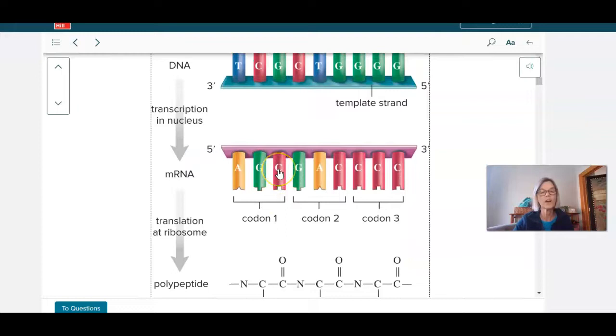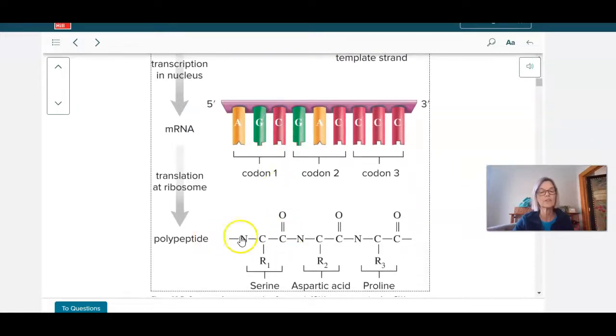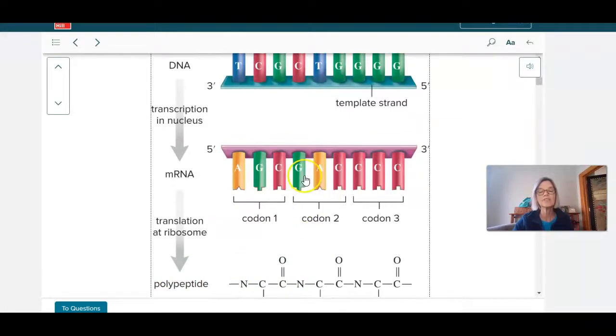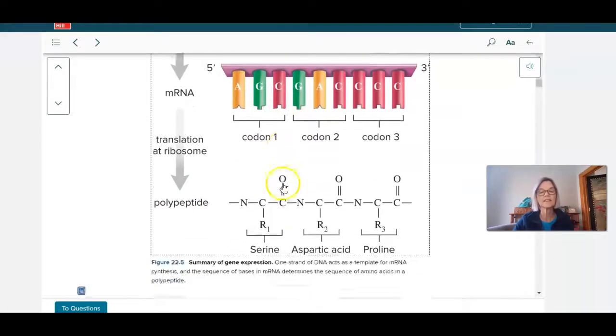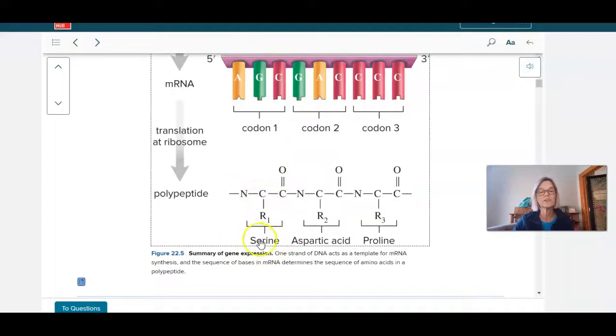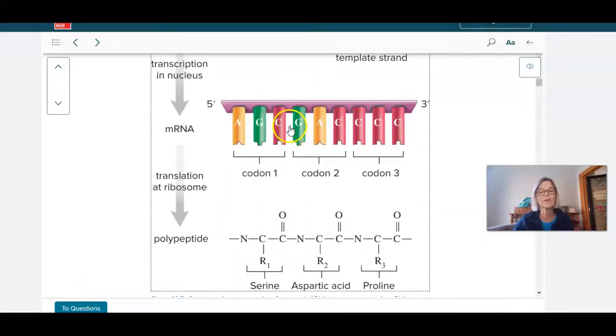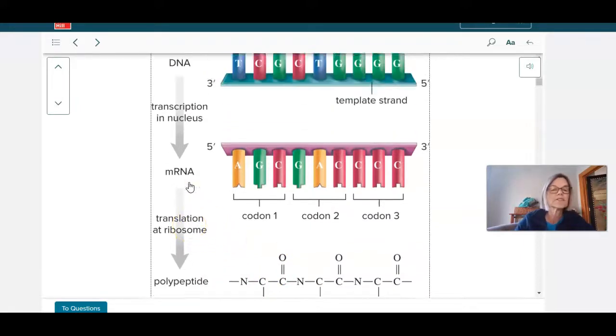When we go from RNA to a protein or a polypeptide chain, we have to change from nucleotides to, remember what these are called? Amino acids. When you're using RNA to make proteins, you go from nucleotides to amino acids. And so we have to translate that into a different kind of chemical language. So the word translation makes sense for that.